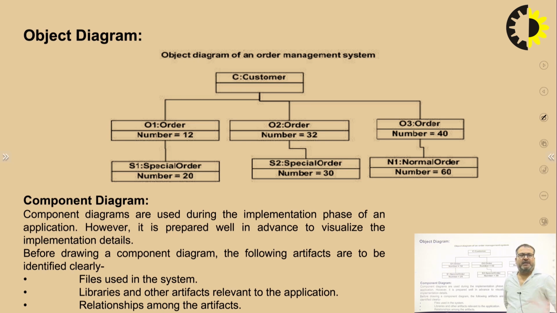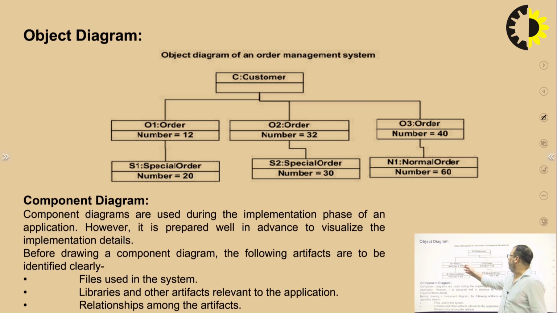An object diagram, we know, the object is what? It is an instance of a class. So, an object diagram is just like a class diagram, where C is a particular object of customer. So, we write the object, colon, the class to which this object belongs, like C belongs to the customer class.